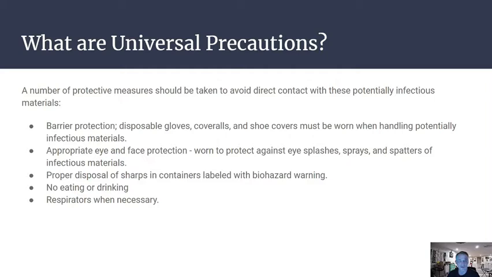Proper disposal of sharps in containers labeled with biohazard warning. This one seems kind of obvious, but we'll mention it anyway. No eating or drinking. You shouldn't be investigating a crime scene while you're walking around with a ham sandwich. And if necessary, respirators, especially if we think there could be any kind of airborne virus or chemicals that might be present.